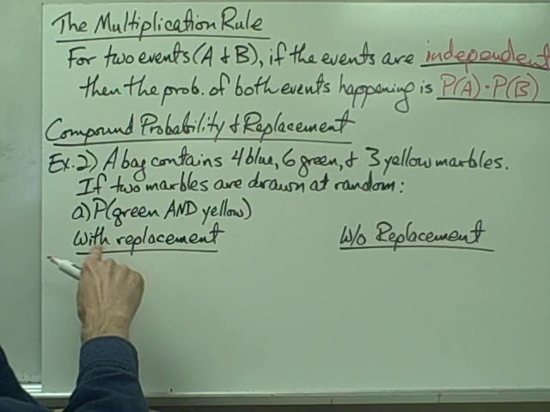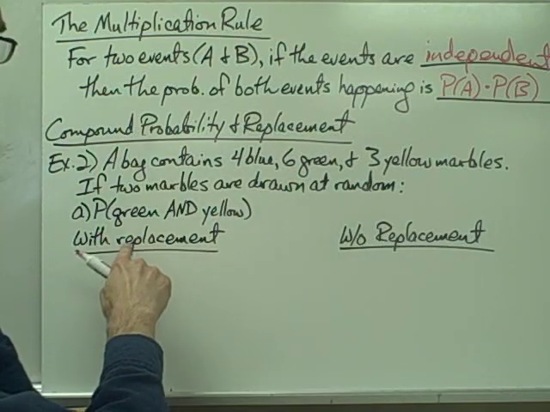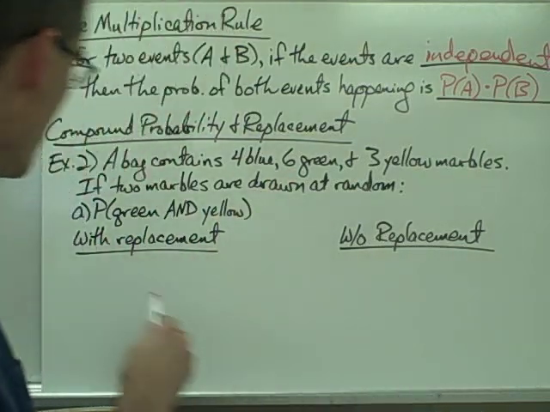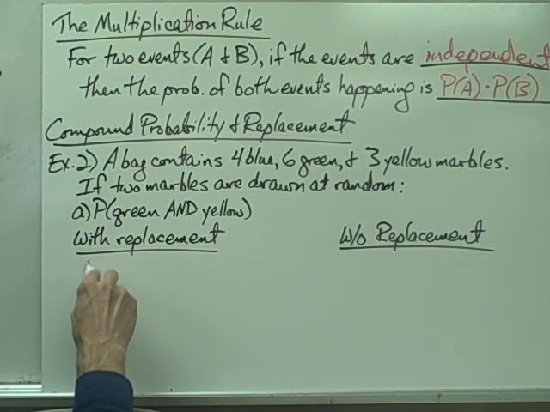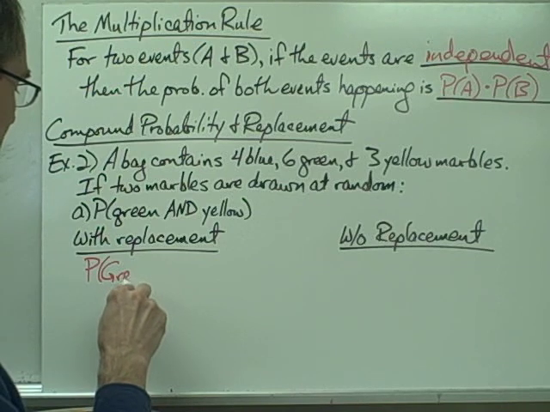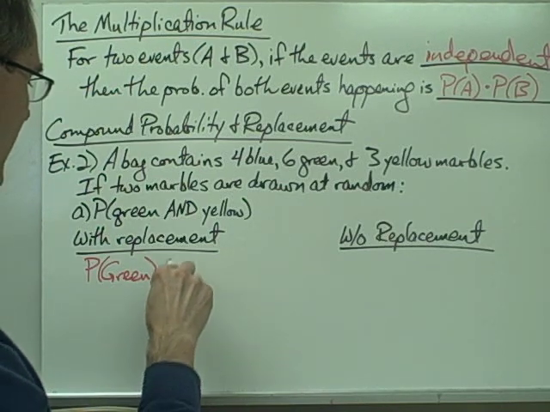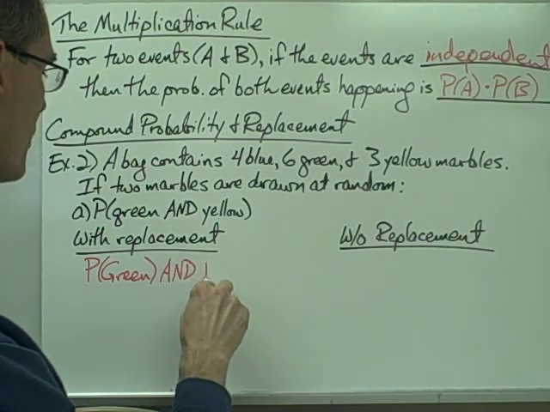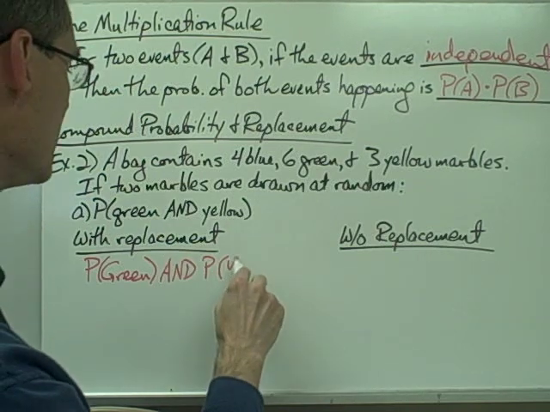If I'm drawing these 2 marbles with replacement, then essentially what I'm talking about is my 2 events: the probability of drawing a green marble and the probability of drawing a yellow marble.